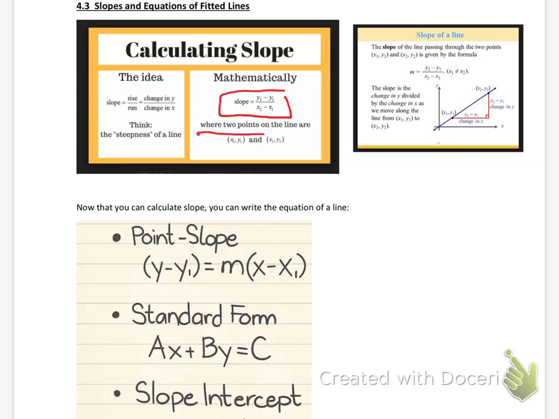So 2 points on a line, given 2 points on a line, you can get back slope by using this equation. And as I said, slope indicates the steepness of the line. If it's a large positive number, it's very steep in a positive direction. If it's a large negative number, it's steep in a negative direction.